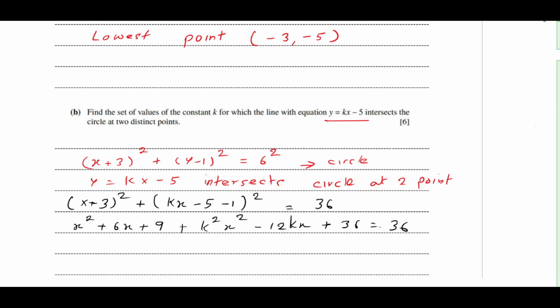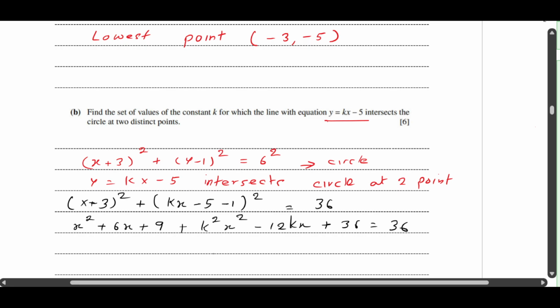This will give me a quadratic equation, and I need the value of k. And one more thing I will keep in mind: minus 3 comma minus 5 is a point.